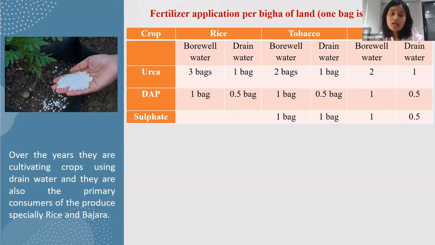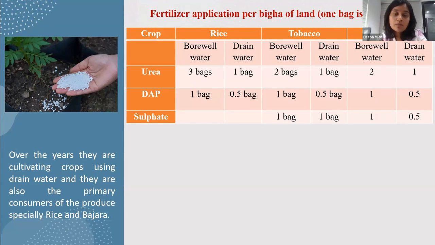So here you can see in the urea, in case of rice, a few farmers in the downstream have reduced from 3 bags to 1 bag. And in case of DAP, they have reduced from 1 bag to 0.5 bag. This is seen with few farmers. And this is so because there are no scientific standards, and also no regulatory body to guide the quality of this water and the nutrient content in the water.